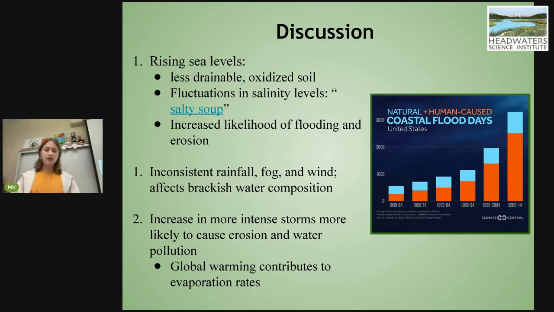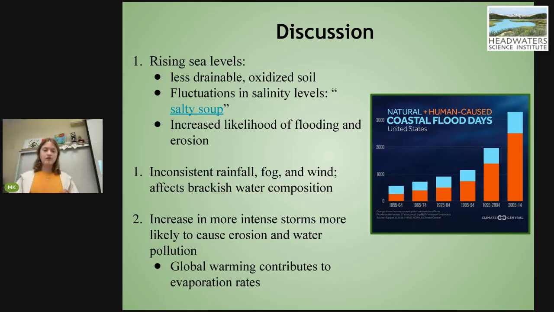And also rising sea levels increase the likelihood of flooding and erosion, as well as inconsistent rainfall, such as fog and wind, affects the brackish water composition. You can think, on a given year where you get less rainfall, there would be less of a freshwater composition in the lagoon mixture.